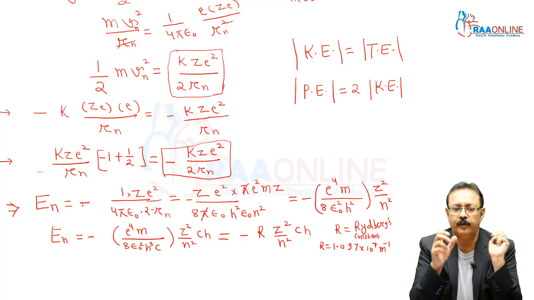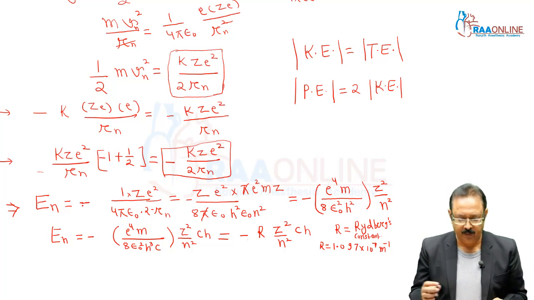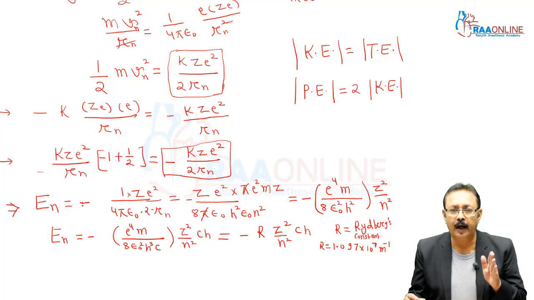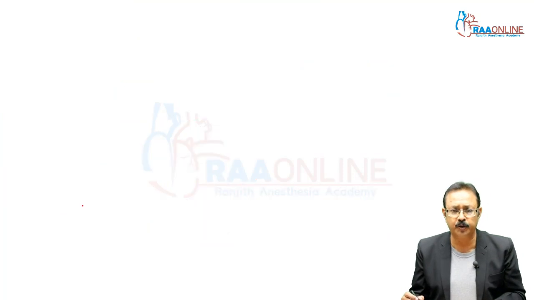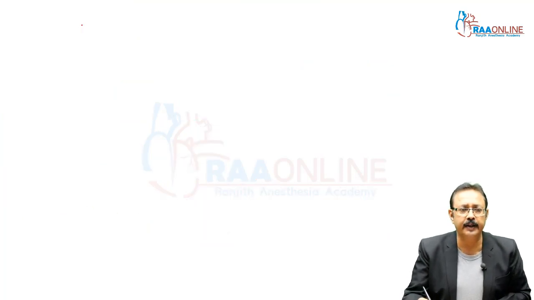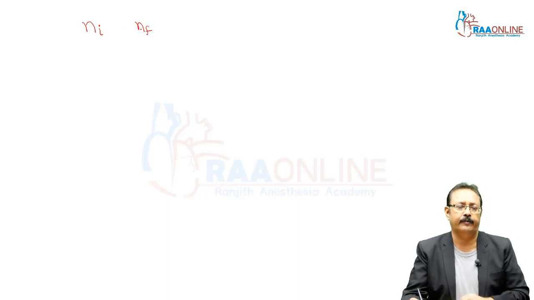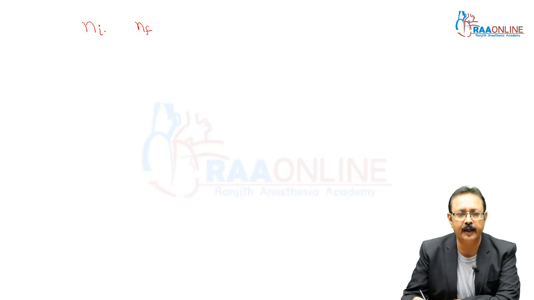It is the source of light. Now, if an electron is jumping from the initial orbit to the final orbit, we are using two words. Initially, after getting some energy, it jumped to this energy level. Now its position is this, and now it comes back by jumping to the final level NF. It is jumping from Ni to NF.